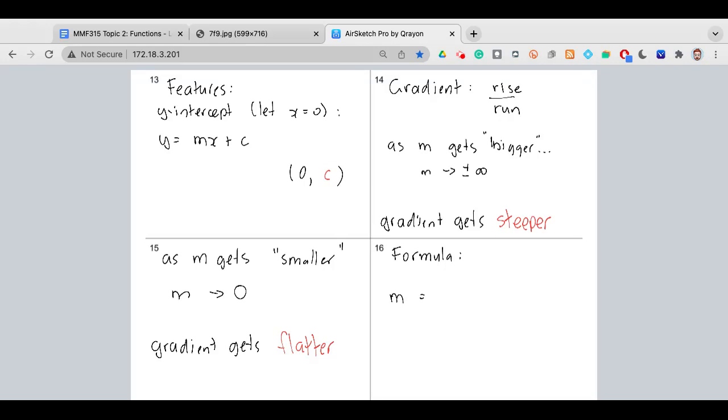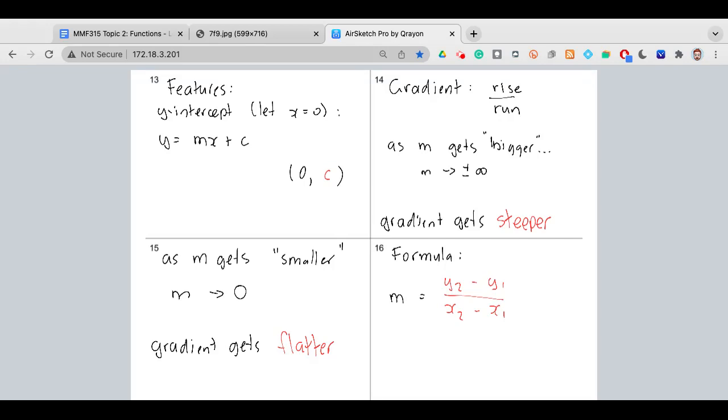Okay, does anyone know the formula for gradient? Yeah. Again, I'm just briefly going through this to make sure our notes are complete, really. y2 minus y1 over x2 minus x1.